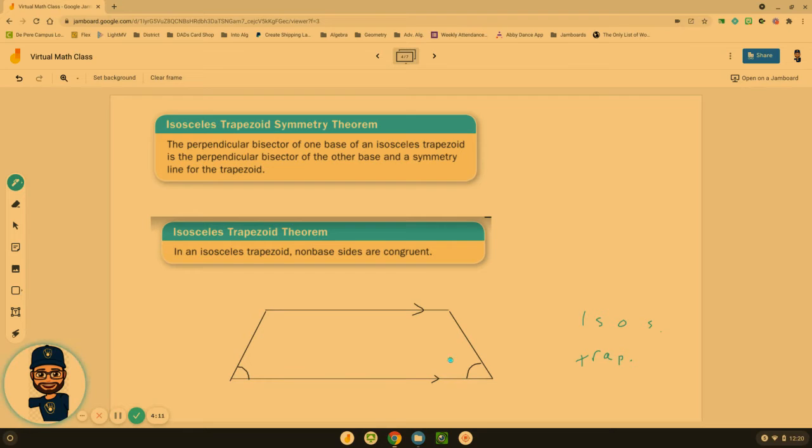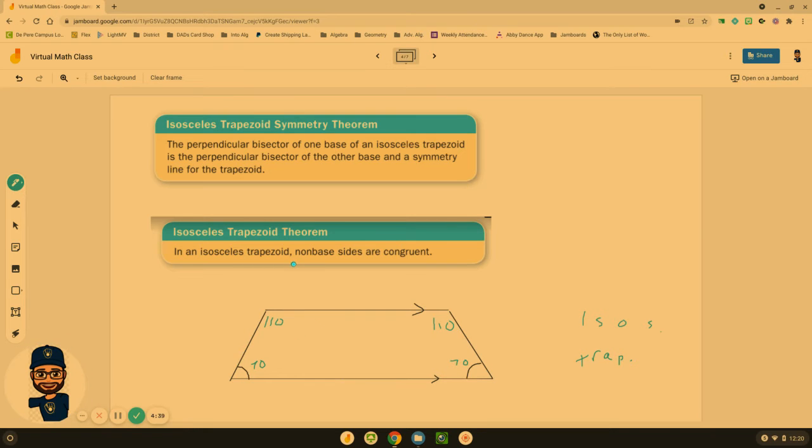So let's say this is 70, and that makes this one 70. The theorem we just learned said that these two have to total 180, which makes this one 110. Likewise, these two have to be supplementary, so this is 110. So notice in an isosceles trapezoid, both sets of base angles are going to be congruent.